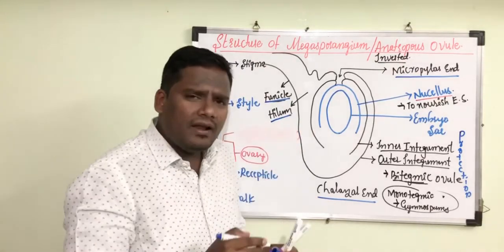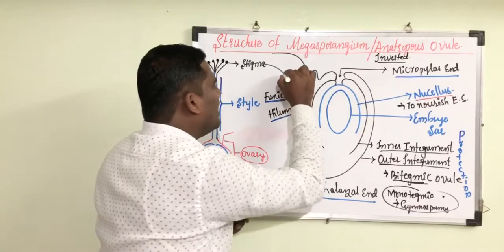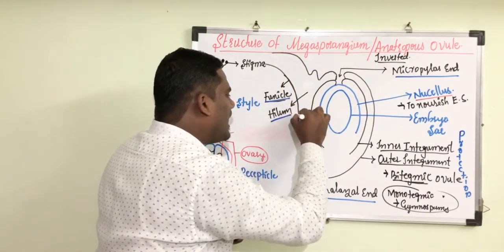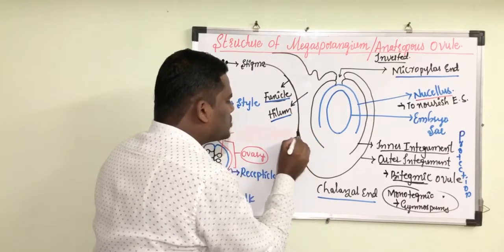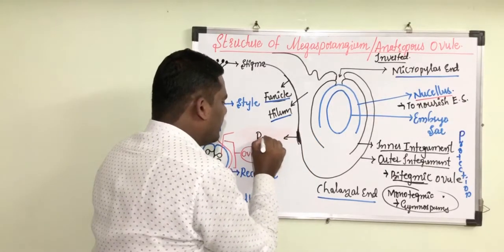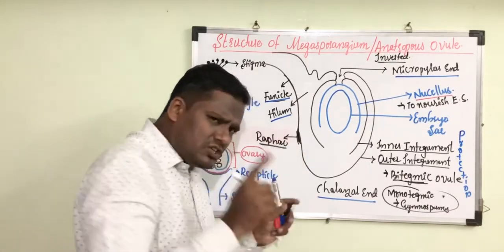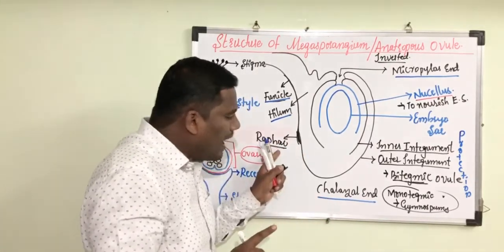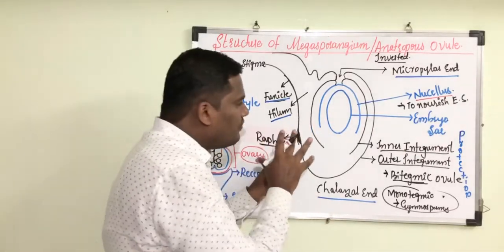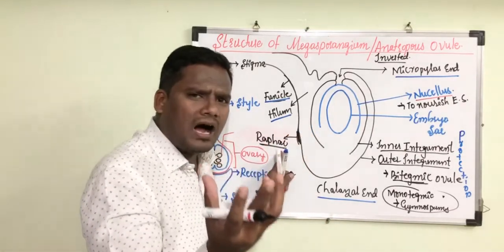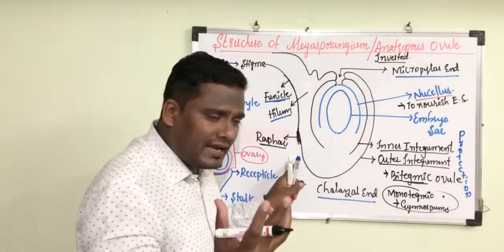In some anatropous ovules, the funicle overlaps the ovule. That overlapping is called the raphe. The raphe's main job is to provide mechanical support to the ovule. The ovule is a very delicate part of the flower, which is why it needs to be protected.